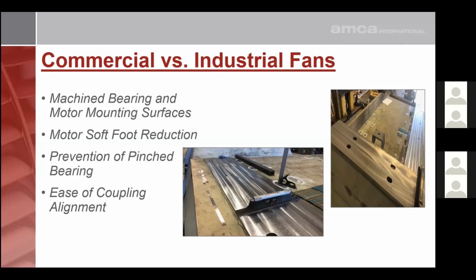Bolting the motor and bearings to non-flat surfaces can also result in point or line contacts rather than a surface contact. A point or line contact between two flat surfaces can wear over time due to vibration and then ultimately result in more looseness and vibration. That point will wear down.